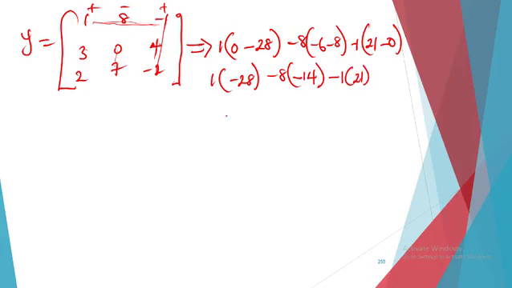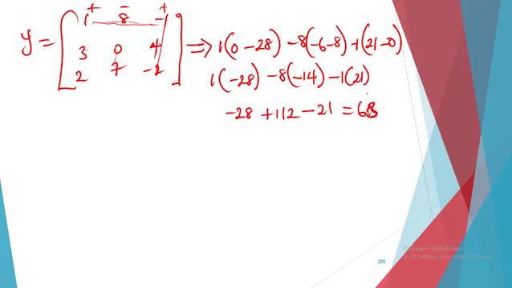This will give us 1 times minus 28 will give us minus 28. Then minus 8 times 14. What do we have? We have plus 112, then minus 21. So 112 minus 28, and then minus 21 will give us 63.